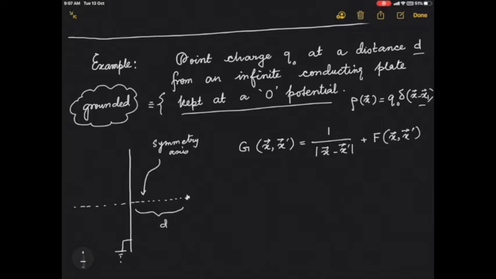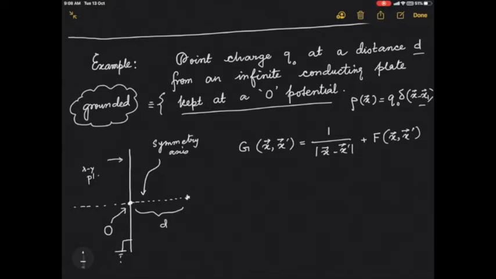Now, let's see what are the symmetries that I have in the system. First of all, let us choose an origin. Obvious choice of the origin is here, where that perpendicular intersects the plane.